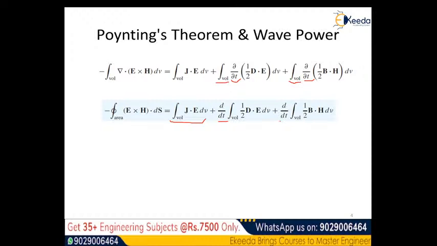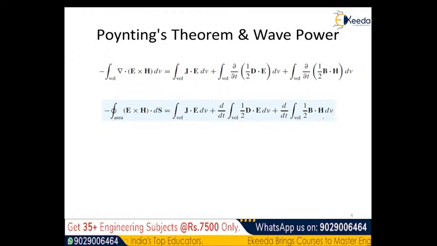Now it is independent, that is why instead of writing del t here, we are writing d dt. So d dt, then the volume integral of 1 by 2 D dot E dV, and here d dt, volume integral of 1 by 2 B dot H dV. So this is the new form of the equation, which we can regard as equation number 12.